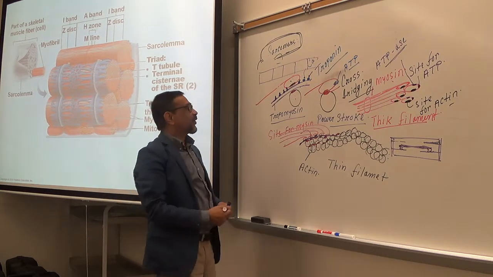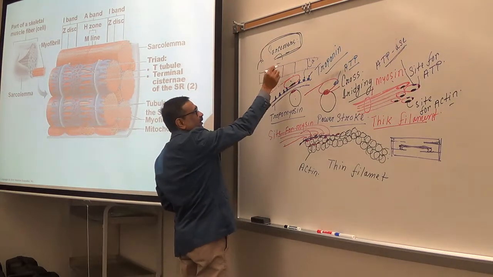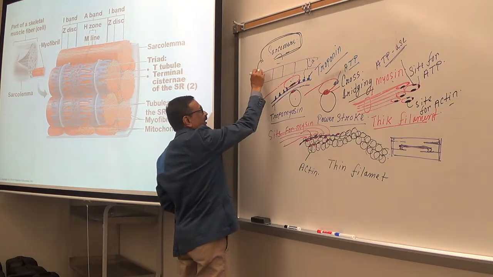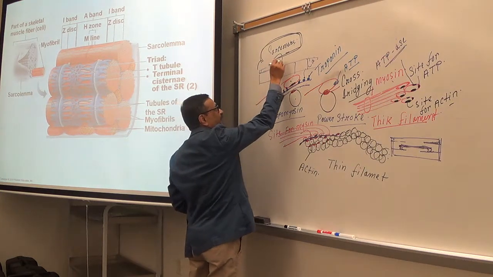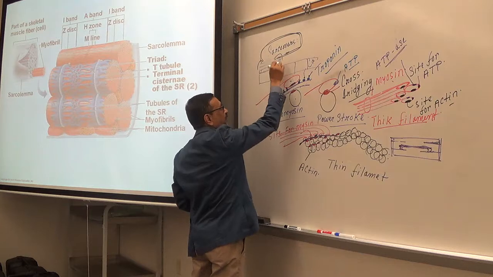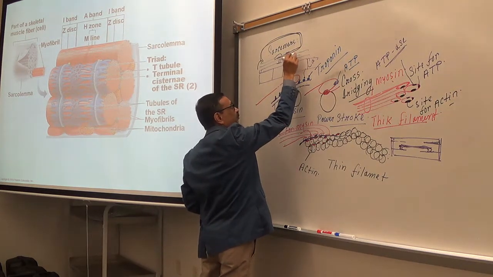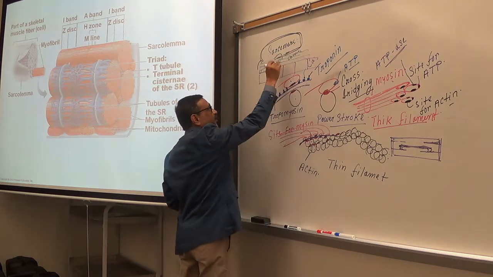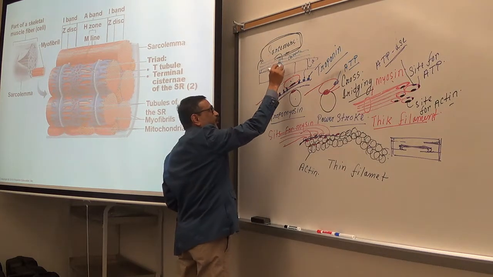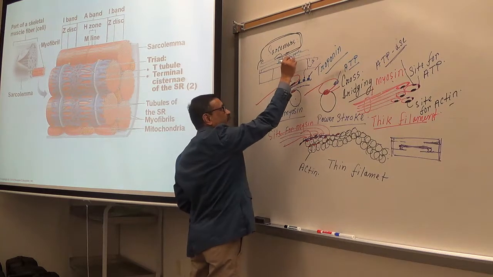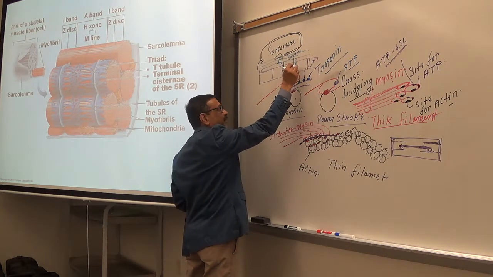Okay? So it's like this. You see, this is sarcomere, right? So this is the tube, SR, filled with calcium. So these tubes are filled with calcium. And from here, T tubule will take the calcium inside, like this.